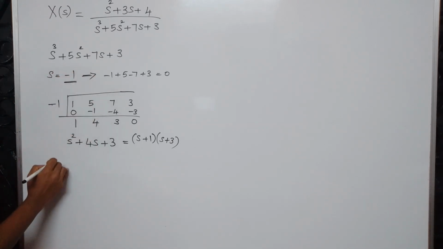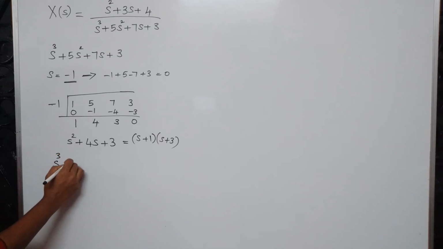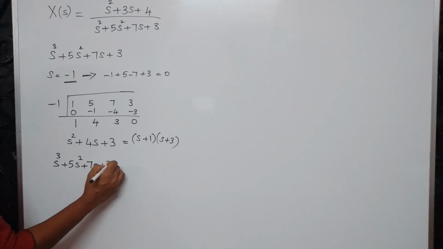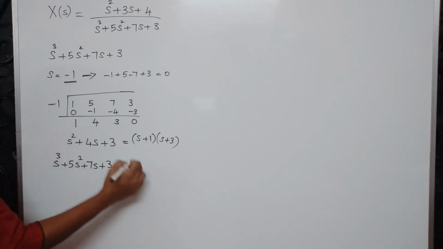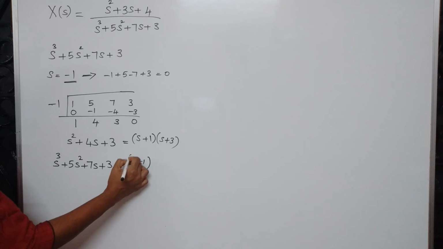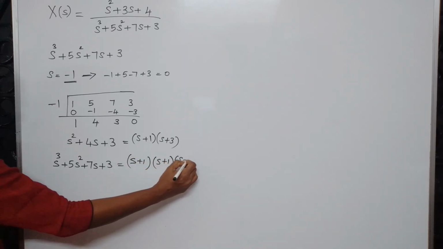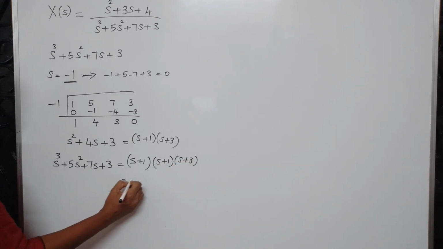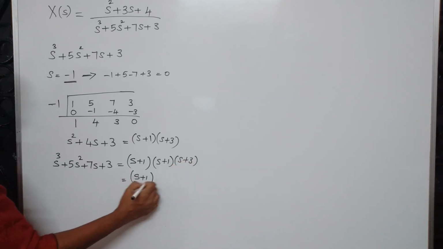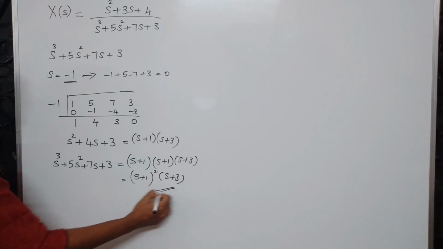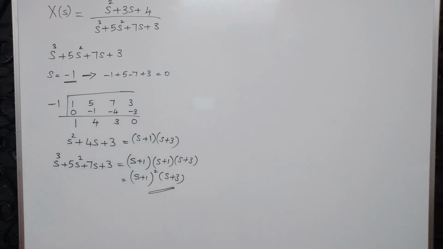So we can express this polynomial s cube plus 5s squared plus 7s plus 3 as s plus 1 into s plus 1 into s plus 3, or this can be written as s plus 1 the whole squared into s plus 3. So thus we have expressed the denominator polynomial in terms of factors.